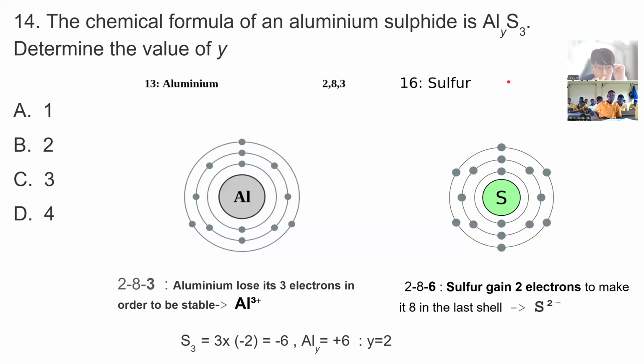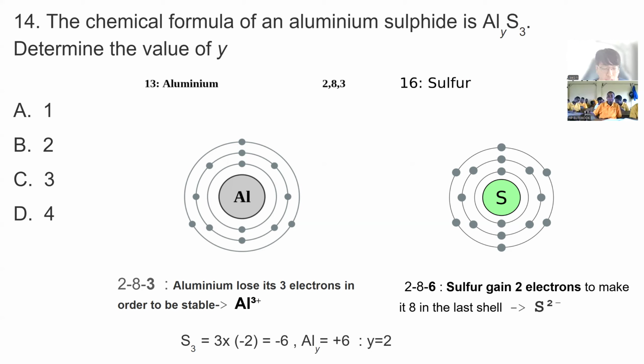So we have aluminum. Remember, aluminum has 3 valence electrons. In order for atoms to be stable, they need to have 8 electrons in the outermost shell. It can also have two, that's the special case for helium, but most of the time it needs to have 8 electrons in the outermost shell to be stable.